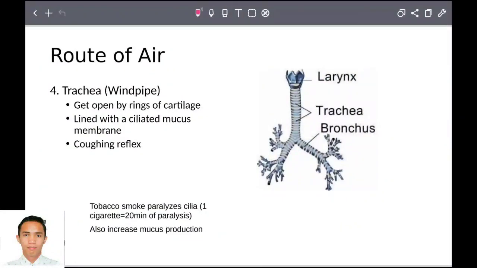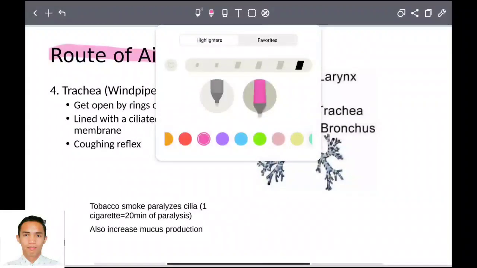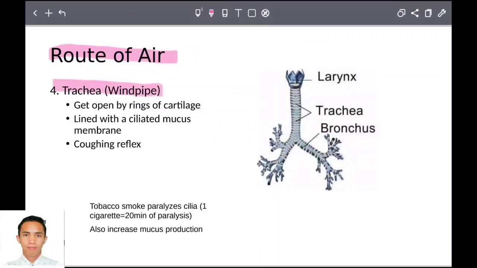Route of air. Now let's go to the trachea, or windpipe. It is held open by rings of cartilage, lined with a ciliated mucous membrane, and has a coughing reflex. This area is the larynx.